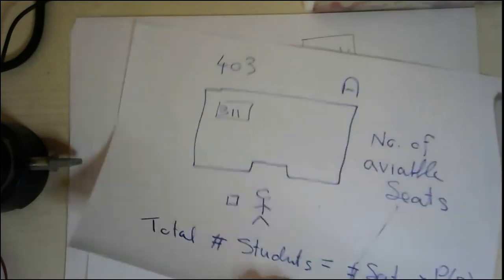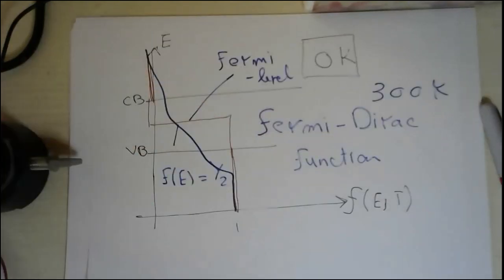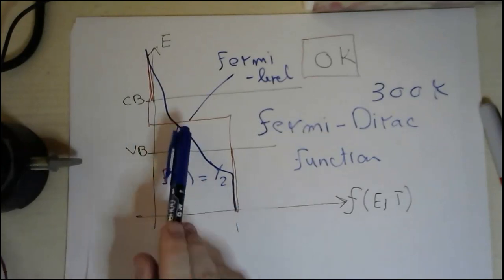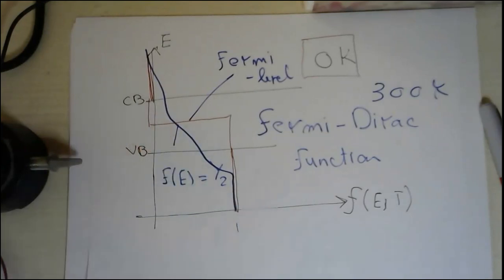This is what we have now. We say that the probability to find an electron here at the Fermi level is equal to half, but the number of seats is equal to 0. So simply, that means that the total number of electrons at the Fermi level is equal to 0.